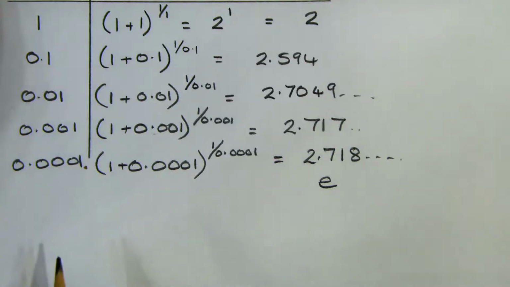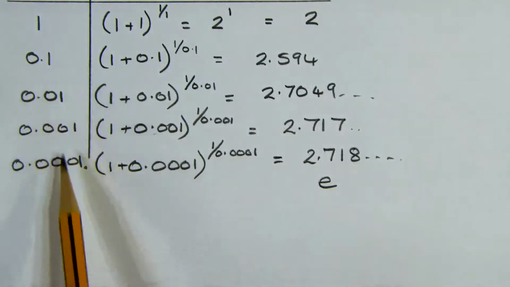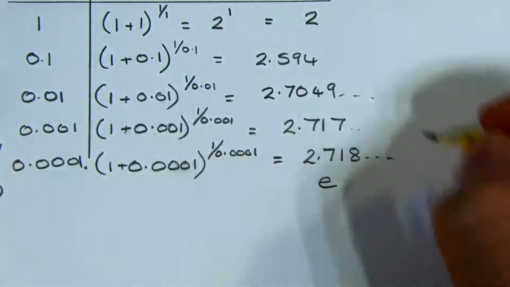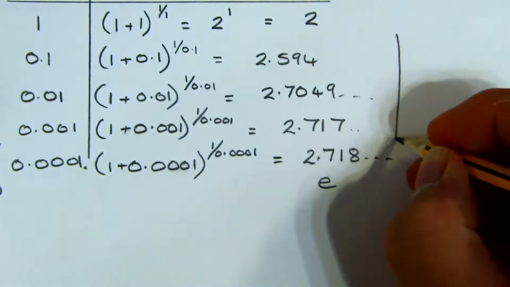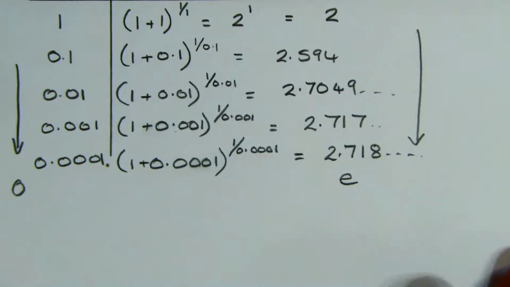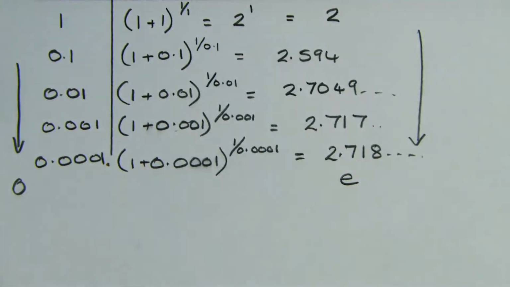So we've got a feel for this, that as this t tends towards 0, then this number here is going to tend towards e, this exponential constant.